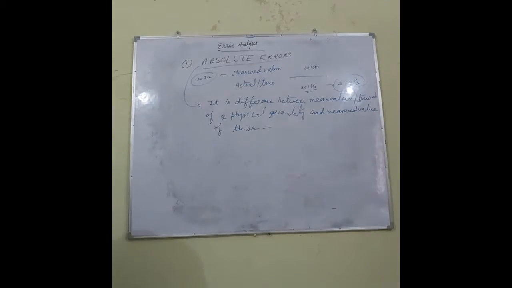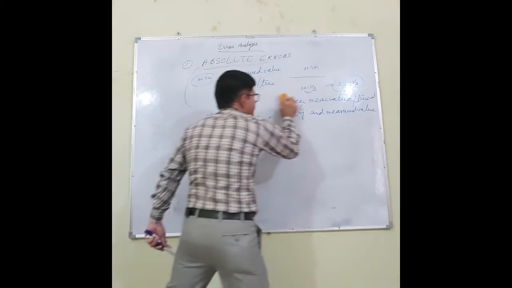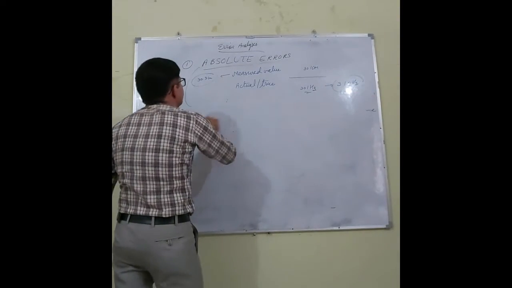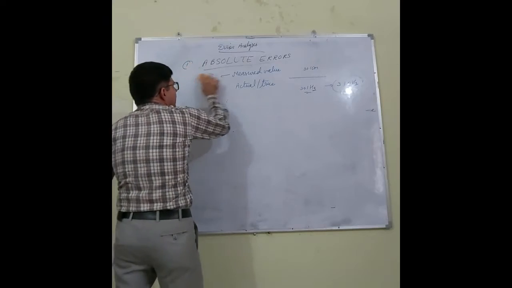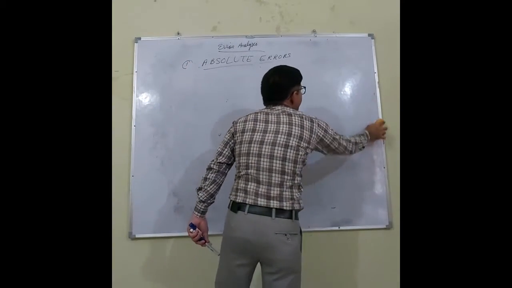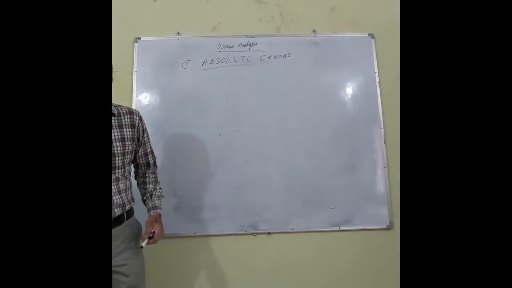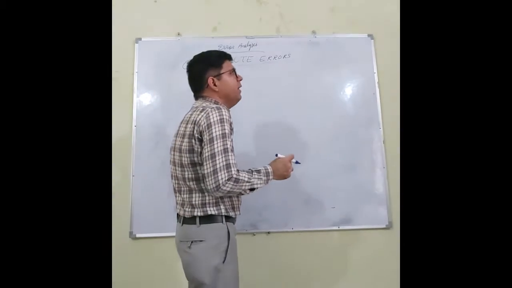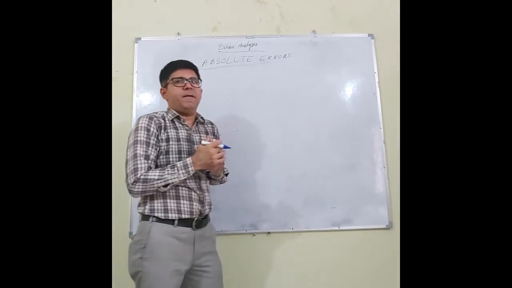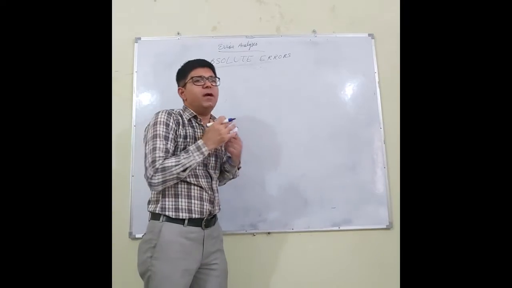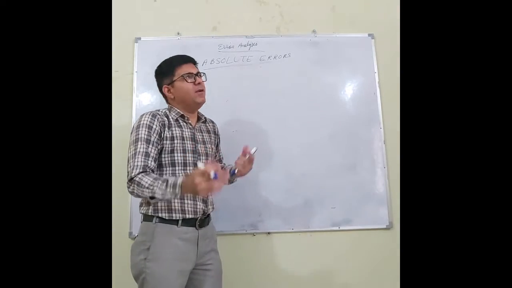Now, what I want to say is, absolute error is defined as the difference between its actual value and the measured value.